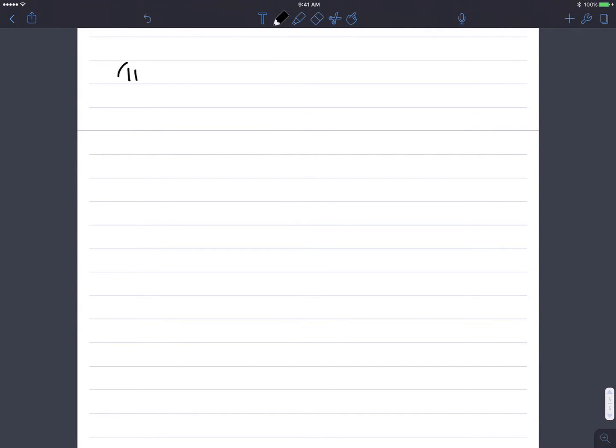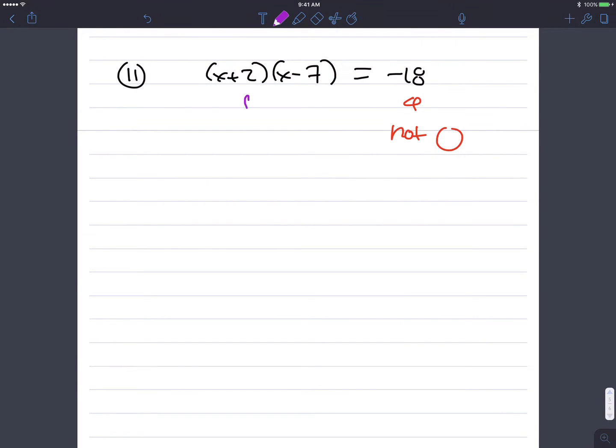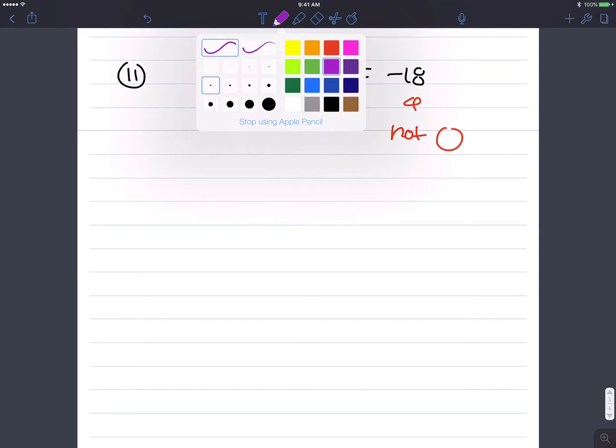Let's see 11. If we look at 11 now, we get x plus 2 times x minus 7 equals negative 18. Okay, so again in this problem, remember, this is not the number 0. FOIL.